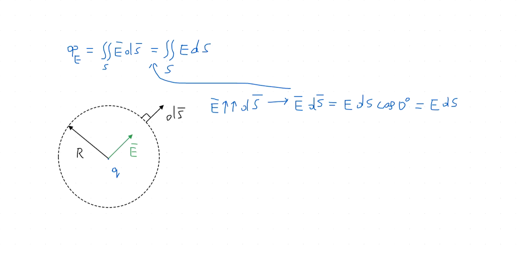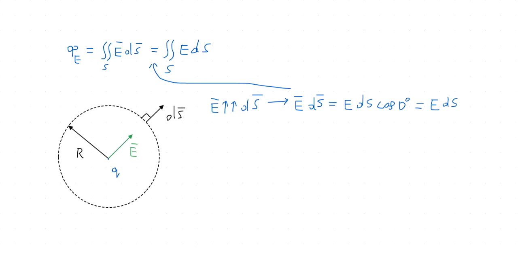And this integral is much simpler than the previous one because now it doesn't contain any vectors. And how to calculate it?